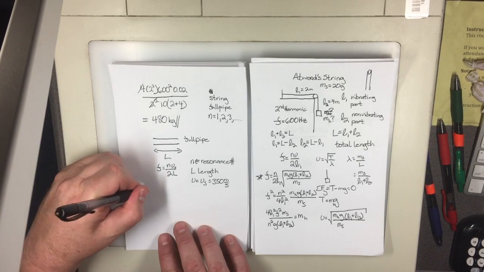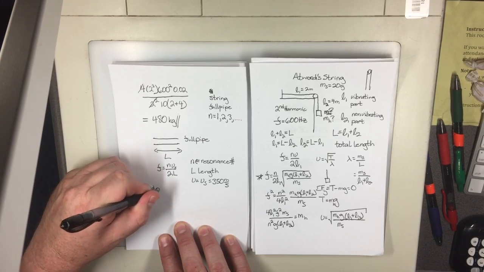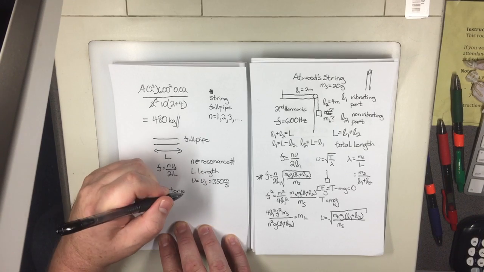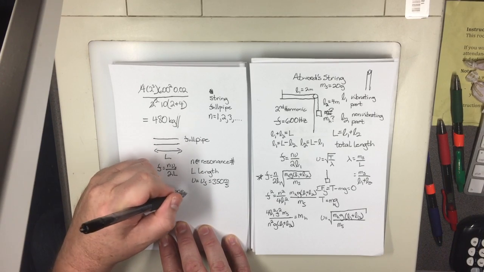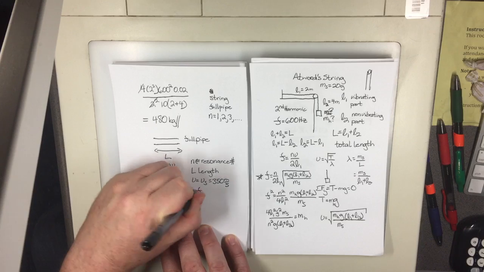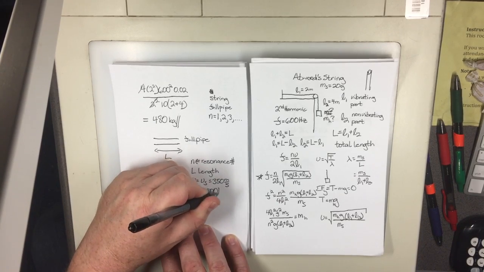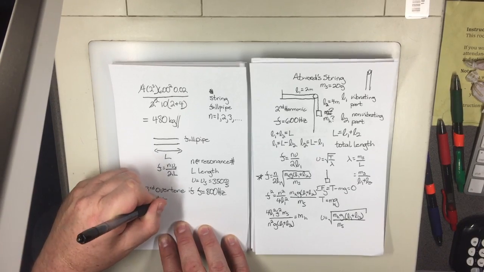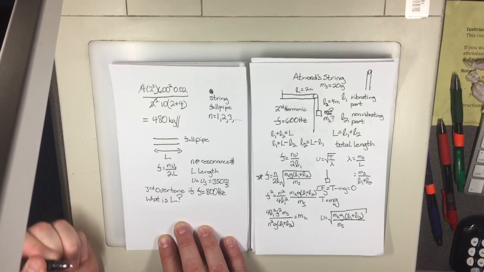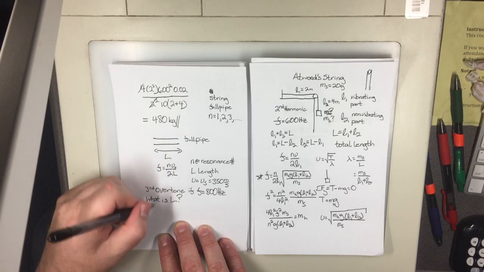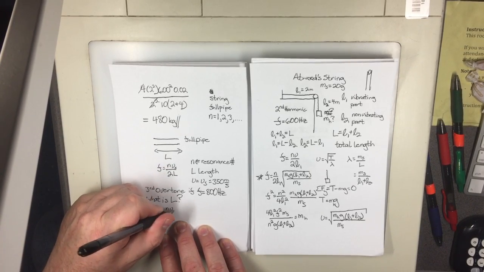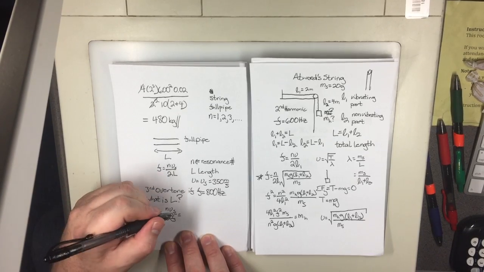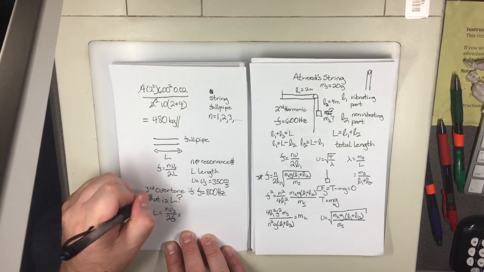So, as an example, third overtone. If frequency is 800 hertz, what is L? Easy to solve. L is nVs over 2f. n is what?